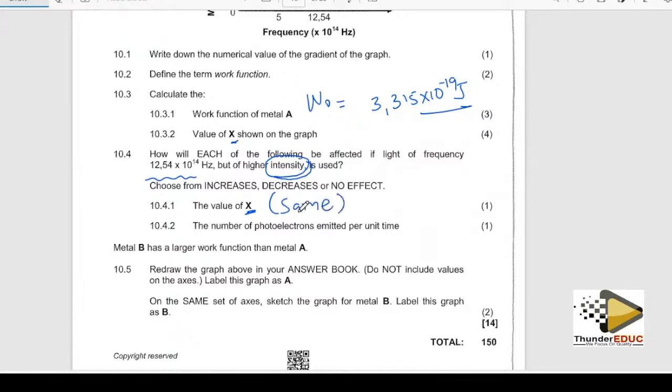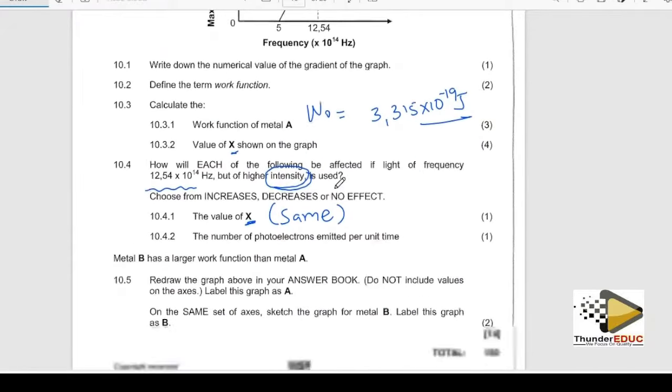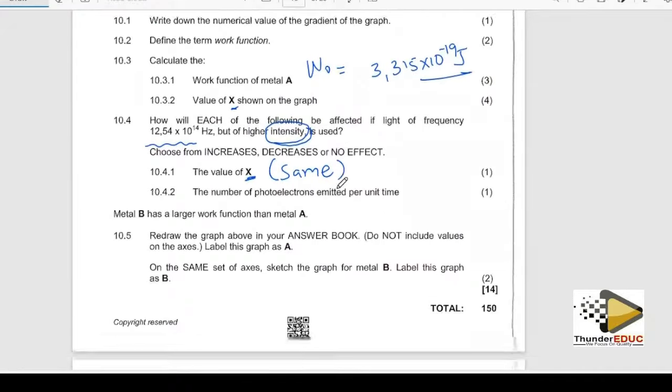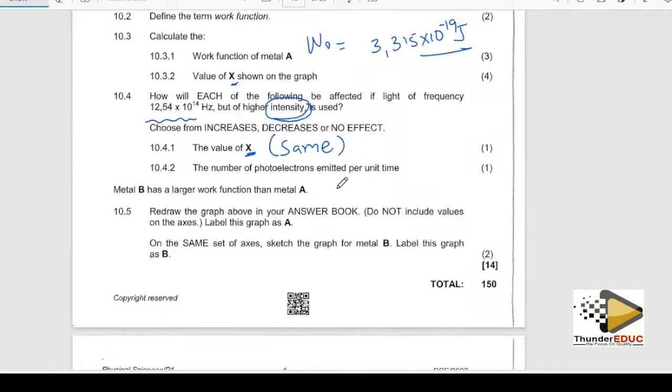The kinetic energy is going to be the same. It has no effect, because kinetic energy is not affected by the intensity of the light. And then 10.4.2, how about the number of photoelectrons emitted per unit time?